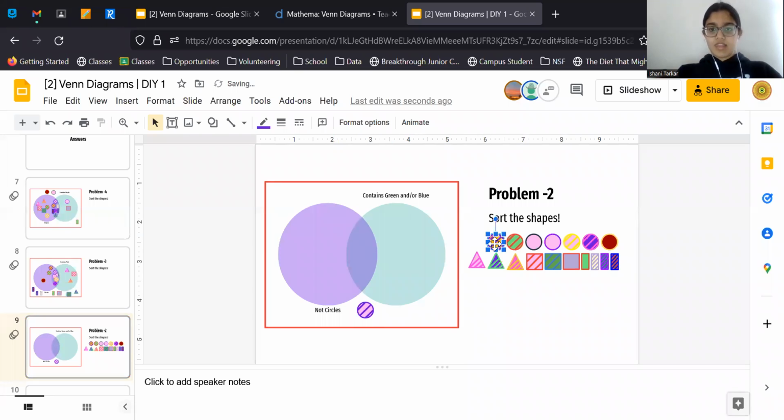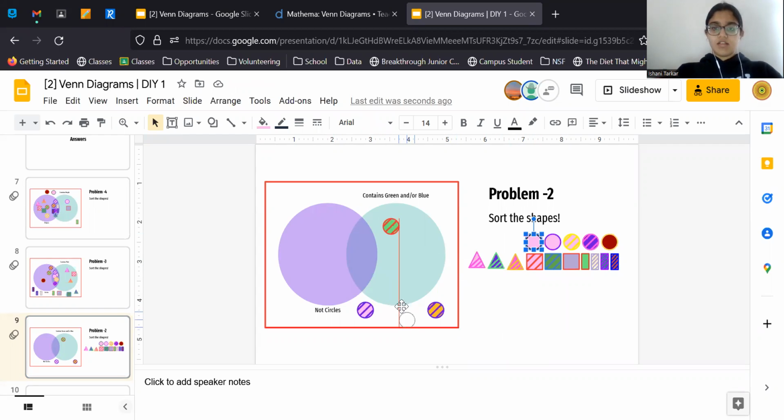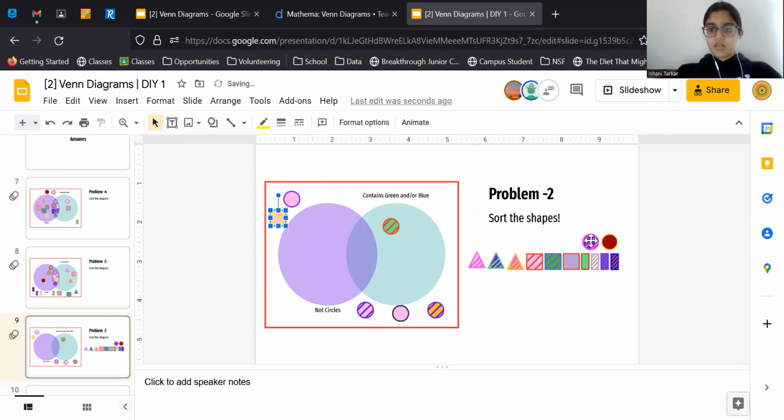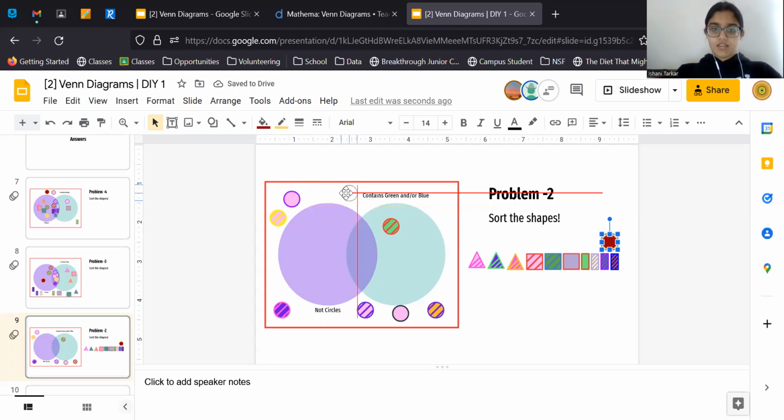This one doesn't contain green or blue and is a circle, but this is a circle that contains green, and that contains green, so it goes there. Then this is a circle that doesn't contain green or blue, and same with this and this and this.